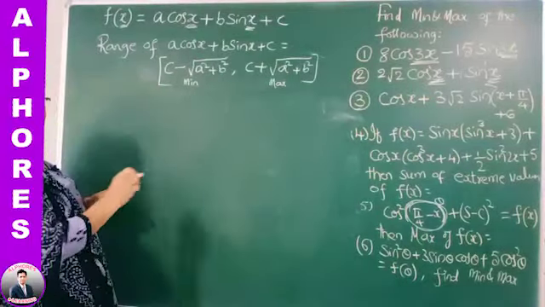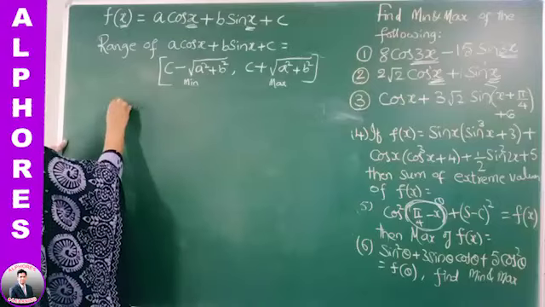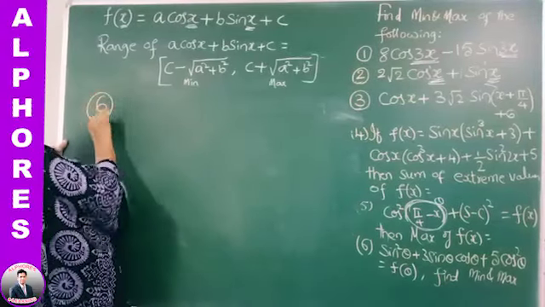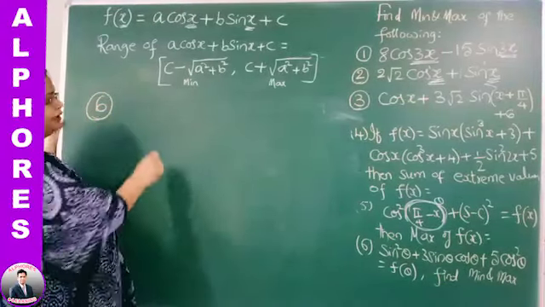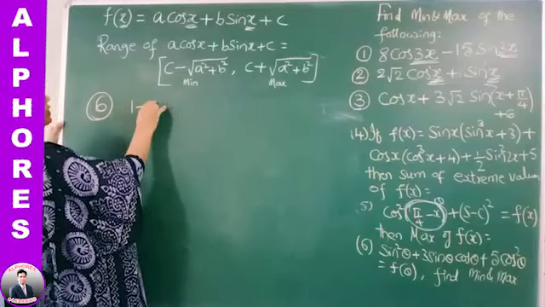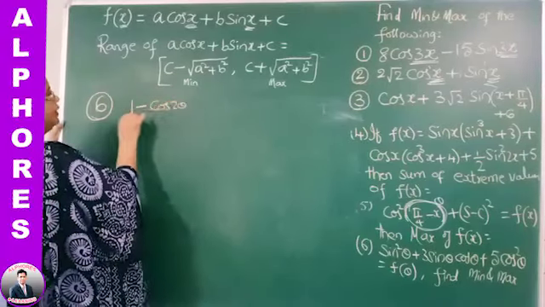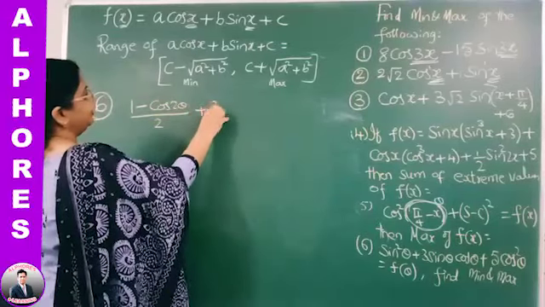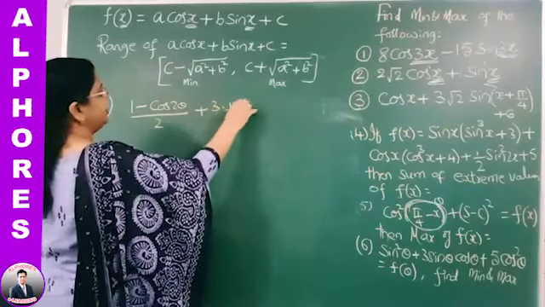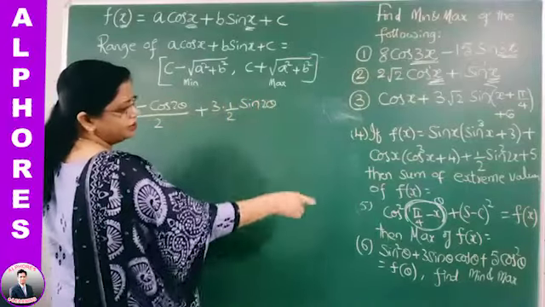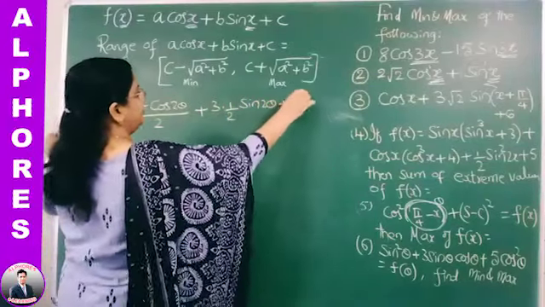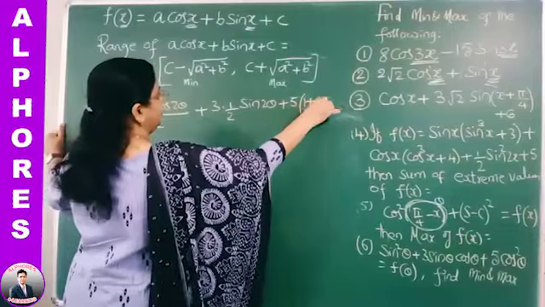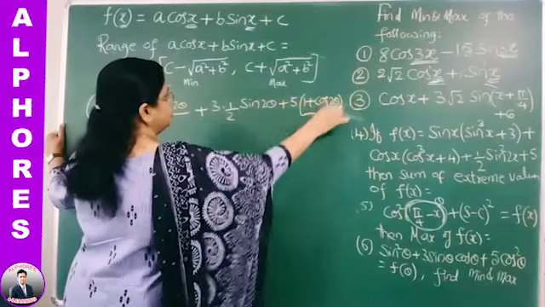Now sin square is given there, and I am taking the last, 6th problem, students. Now we are solving. Sin square can be written as 1 minus cos 2 theta divided by 2, right? And next this is 3 and it is half sin 2 theta, and next value, plus 5 times 1 plus cos 2 theta whole divided by 2, right?